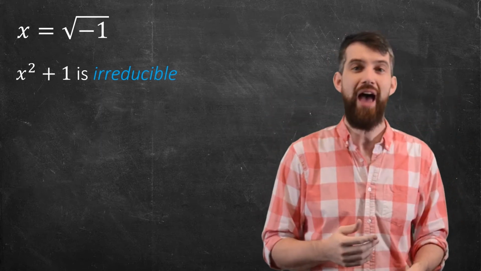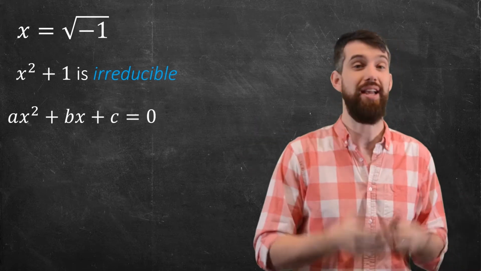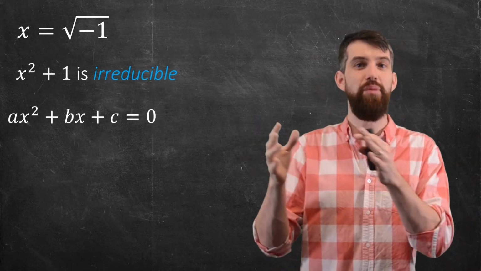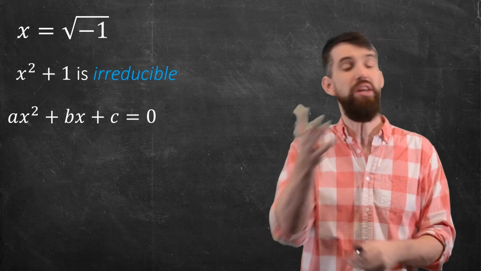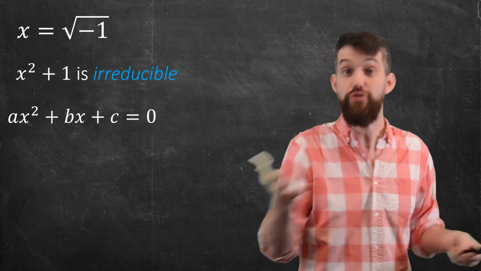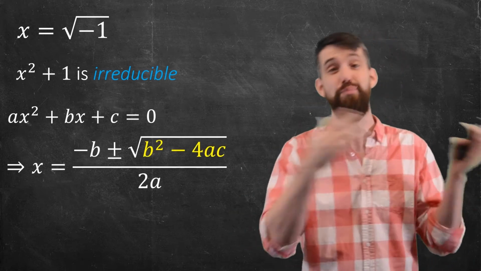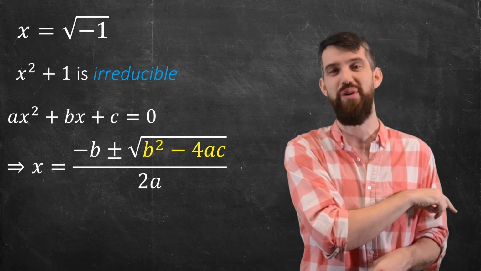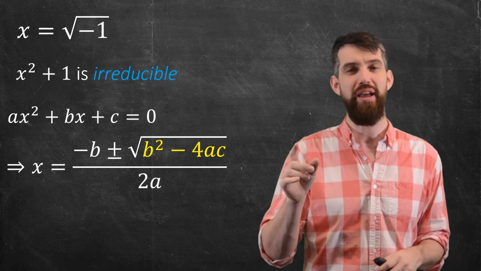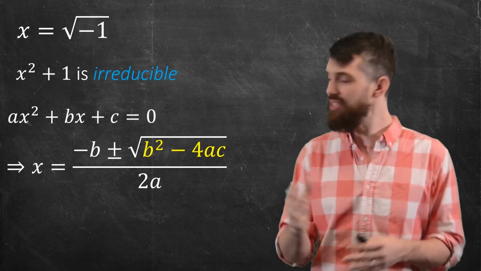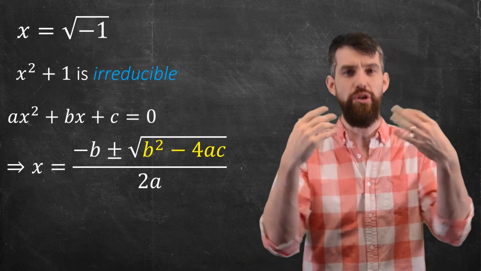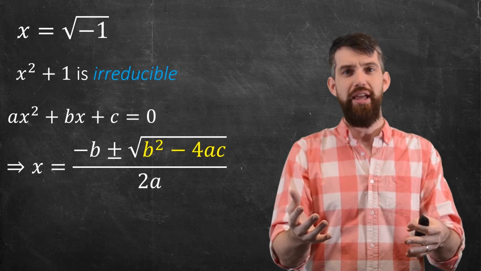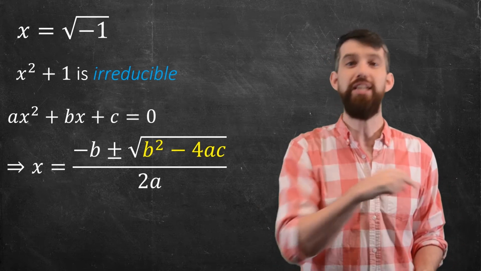And more generally, if I take a generic quadratic, ax squared plus bx plus c, then we know how to factor this by the quadratic formula. The formula is that x is minus b plus or minus the square root of b squared minus 4ac, all over 2a. It's a mouthful. But the point is that I can only use the quadratic formula if the thing inside of the square root is positive.